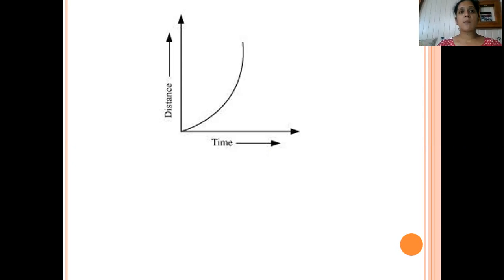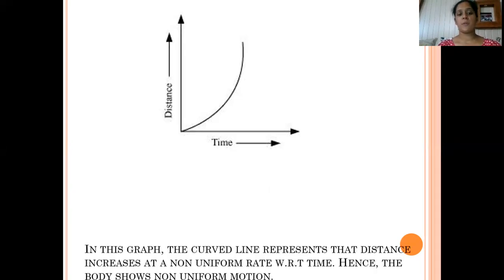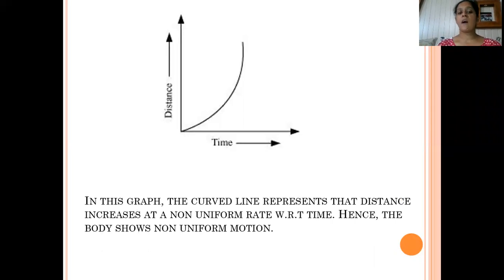So in this case, the body is not covering equal distances in equal intervals of time. So this type of motion represents non-uniform motion. So in this graph, the curved line represents that distance increases at a non-uniform rate with respect to time. Hence, the body shows non-uniform motion.